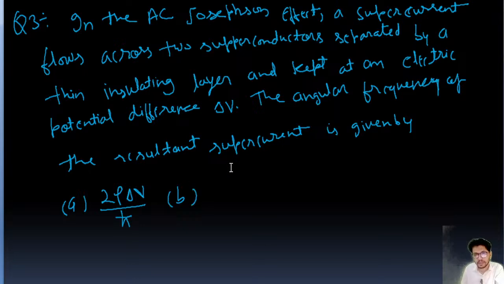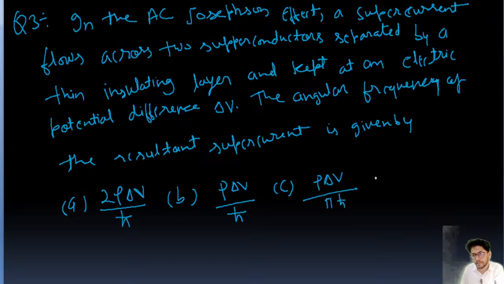Option B is rho delta V upon H cut. Option C is rho delta V upon pi H cut. And option D is rho delta V upon 2 pi H cut.